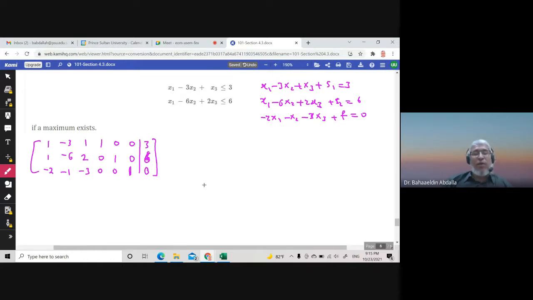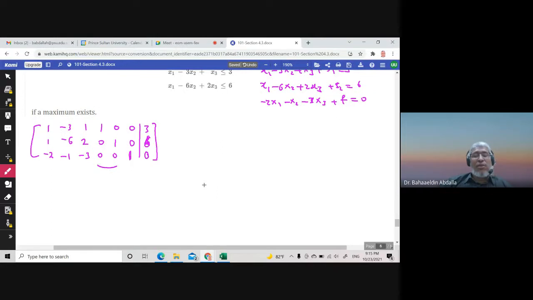All right. Now, how many basic variables? There are two, with f of course, and three non-basic. So the number of basic variables would always be equal to the number of constraints. All right. Where is the pivot column?